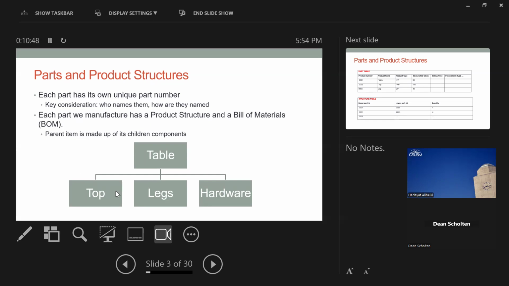That's a part that goes into another item. We don't sell tabletops and table hardware in the market. We sell this one. So that's why this is independent. These are dependent. These are dependent on how many tables we're selling in the market. Okay.